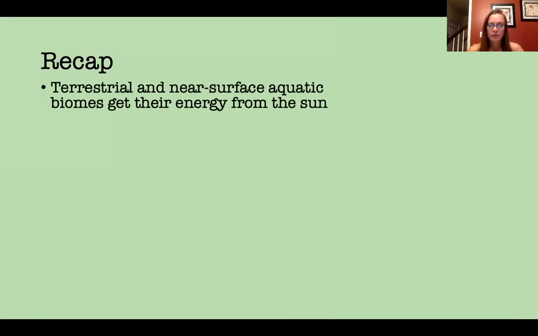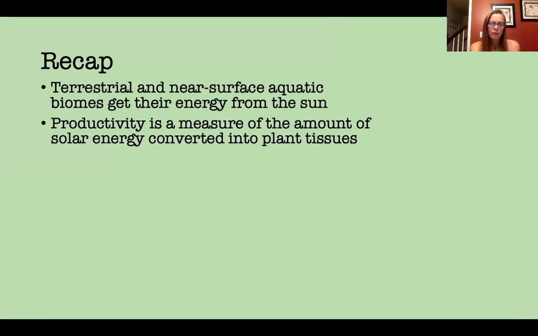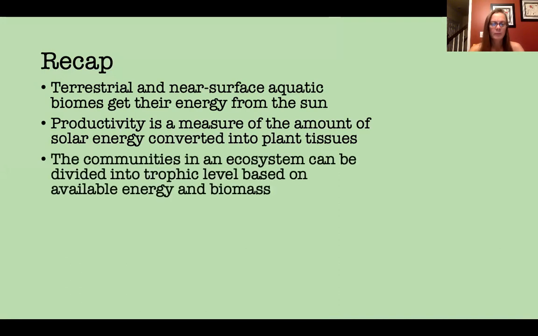Terrestrial and near-surface aquatic biomes get their energy from the sun. Deep ocean biomes can get their energy from sulfur vents, from hot water vents near the bottom of the ocean, but they're very unusual. Productivity is a measure of the amount of solar energy converted into plant tissues. Remember, net primary productivity is gross primary productivity minus respiration.